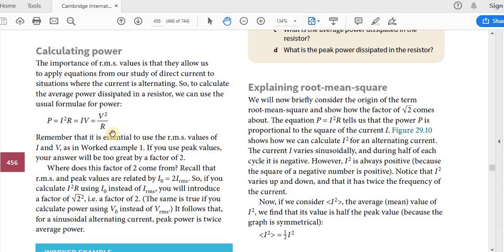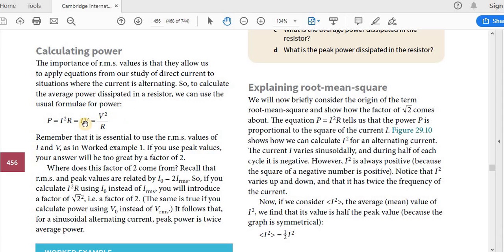If you substitute V equals IR into P equals VI for V, you get I squared R.